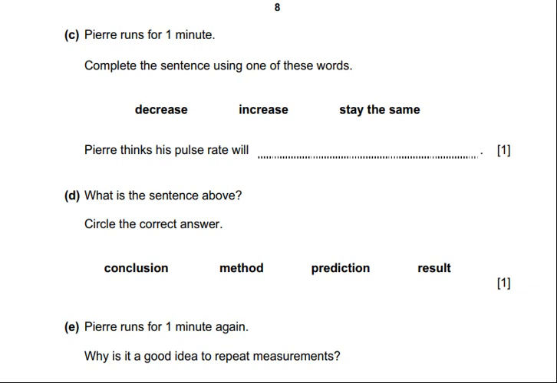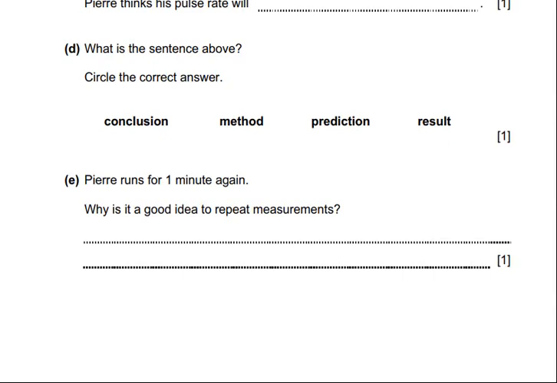So here this sentence, Perry thinks his pulse rate will increase. This is prediction, because here he predicts and he thinks about his pulse rate. So this means that this is prediction. E. Question E. Perry runs for 1 minute again. Why is it a good idea to repeat the measurements?